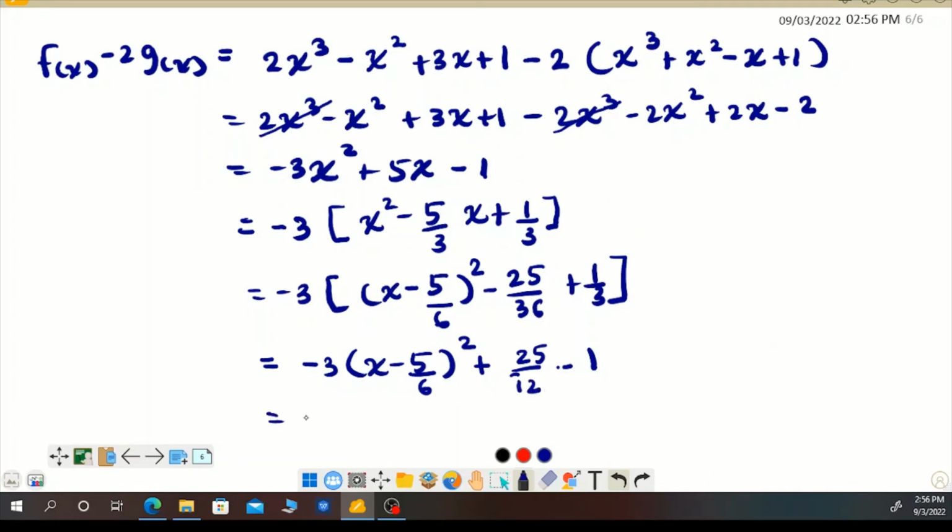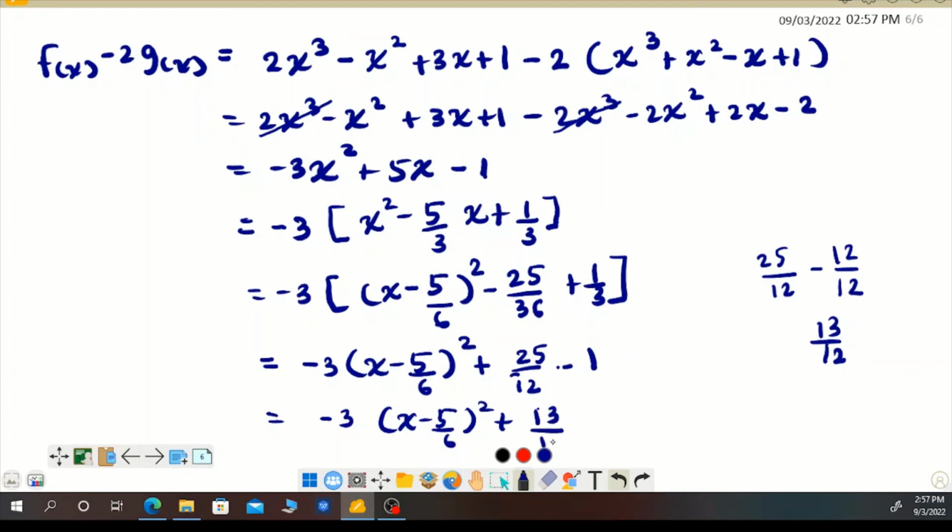So I can get the final value as minus 3 x minus 5 by 6 squared plus 25 divided by 12 minus 1. I can simplify here, 25 divided by 12. I can write minus 1 as minus 12 divided by 12. Then 13 divided by 12. So it is the maximum value of the function.